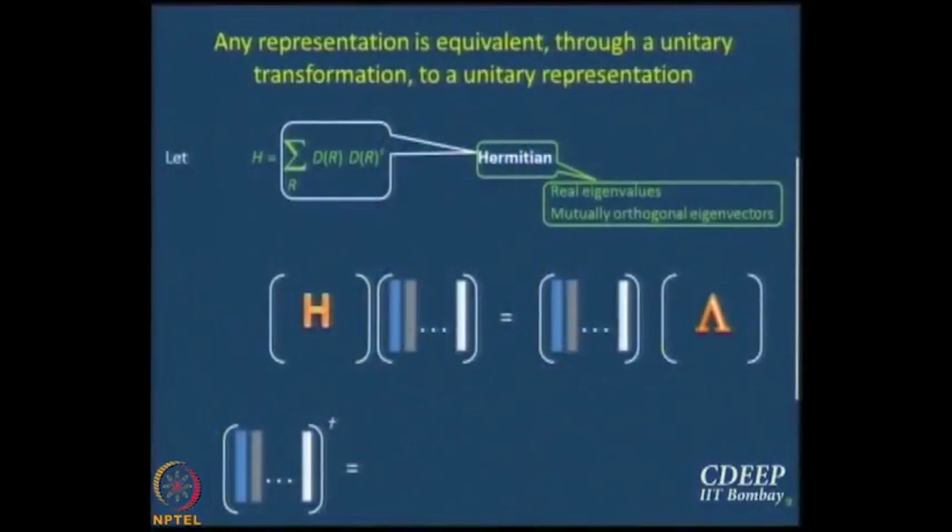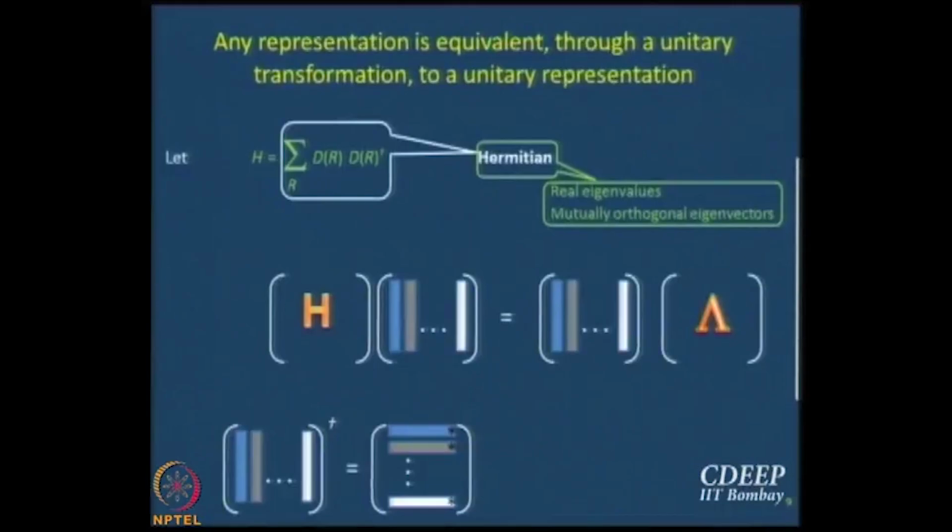Now see, what would be the adjoint of this X matrix? Columns become rows and you have to take complex conjugates. So, is everybody okay if I write it like this?